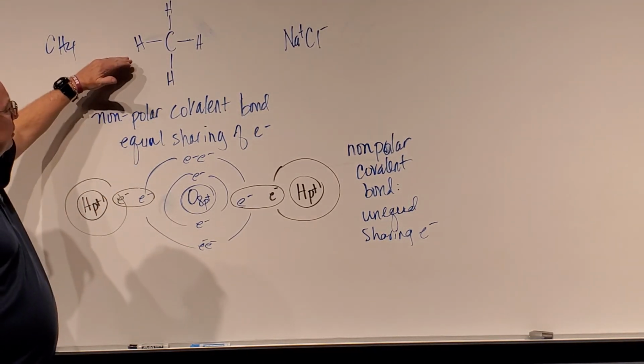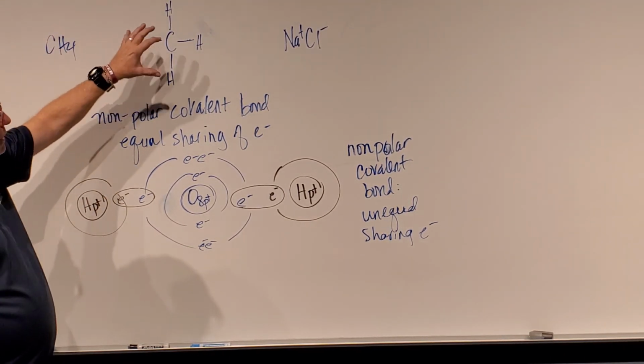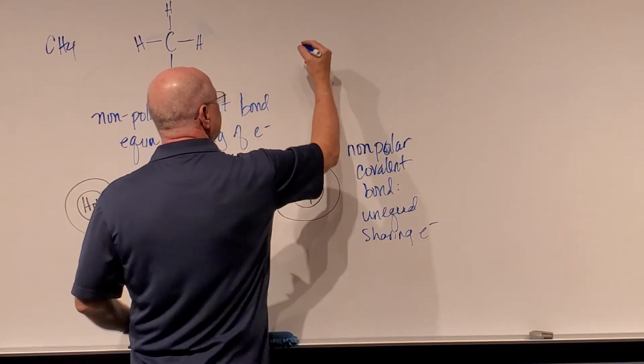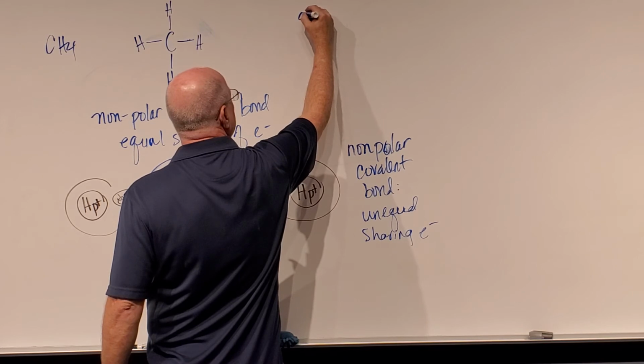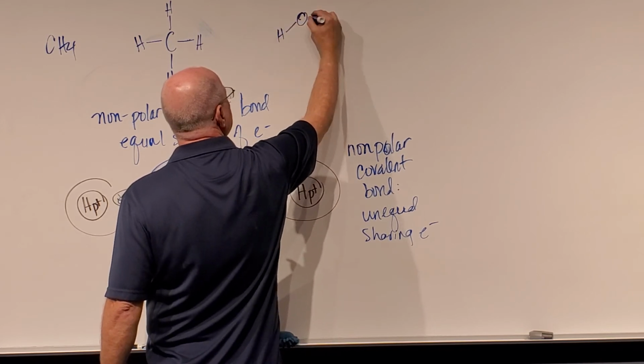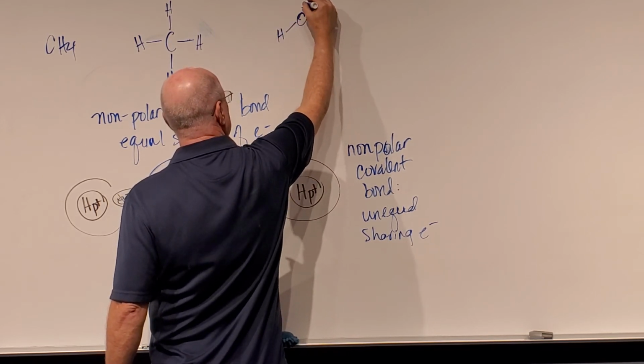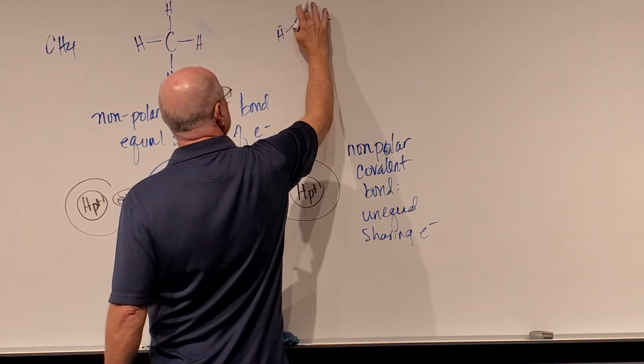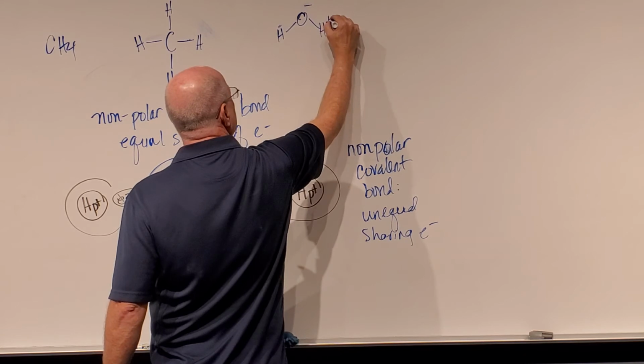So when I draw methane gas, I don't draw any polarity to it. But if I were to draw a water molecule, sometimes we draw water like this. A hydrogen and a hydrogen. But we have a little bit of positivity here. Oops. My bad.